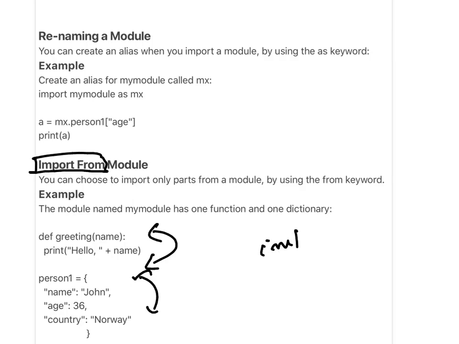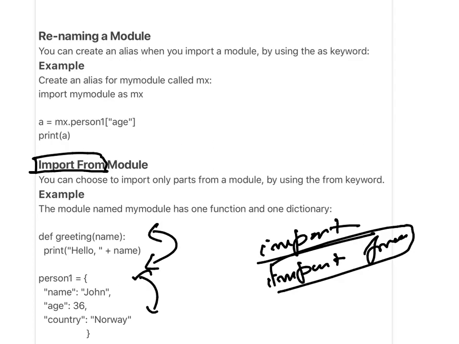Just now we have used the import statement. Now we want to use import from. This statement will be used when you want to access some specific thing from a particular module. As an example, you can see that this function I have declared here, and the other one I have declared is this dictionary here.